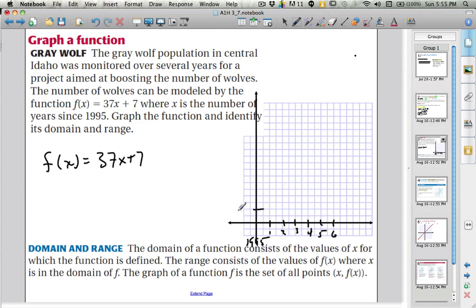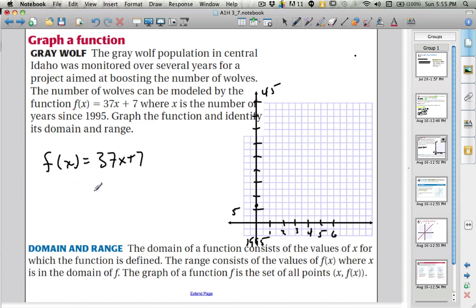Maybe it would be better if I did every 2 being 5, 10, 15, 20, 25, 30, 35, 40, 45. Up here at the top, I'm at 45. That's not so bad. So 7 would be right about here. And then I'm going to go 37.